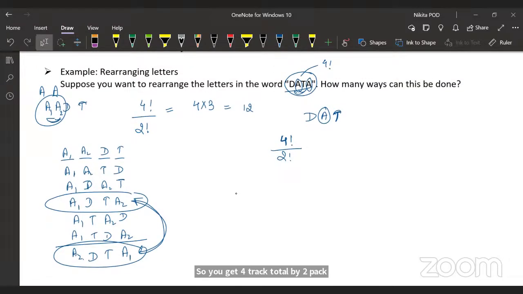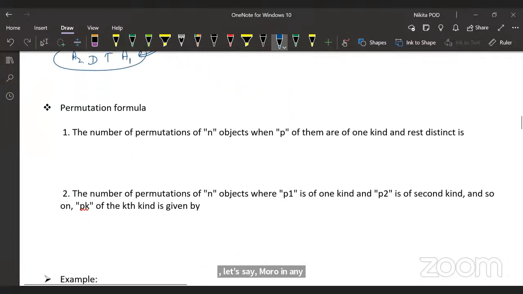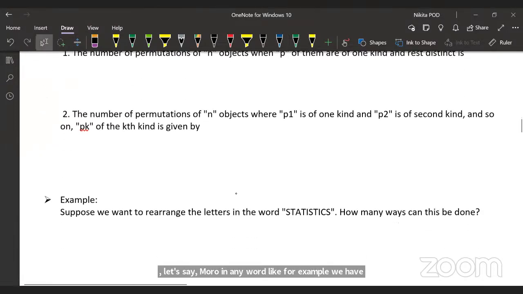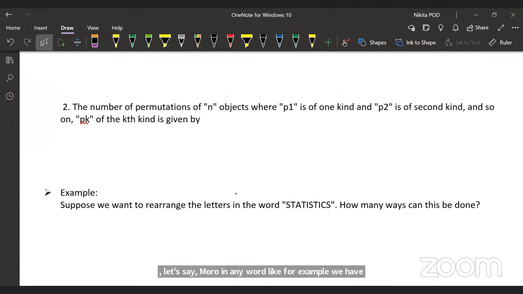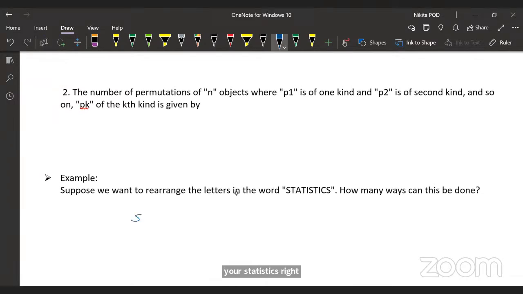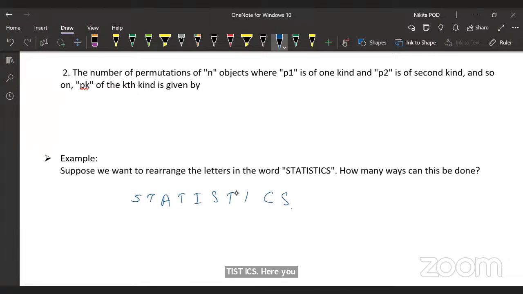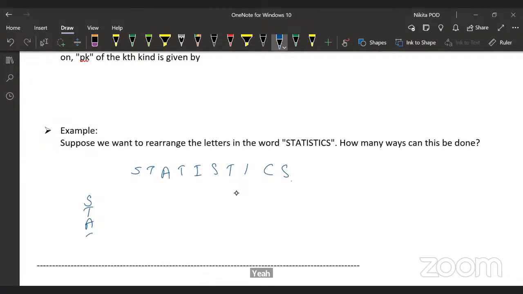So in general, for any word, for example, statistics, what is happening? You have S, T, A, I, and C. S is appearing 1, 2, 3 times.